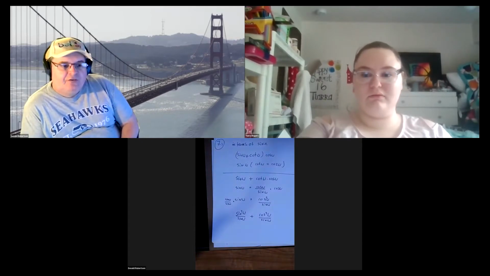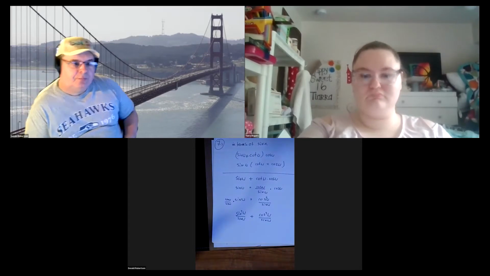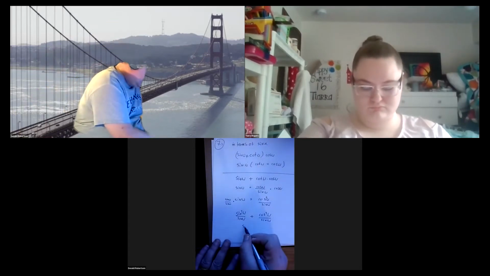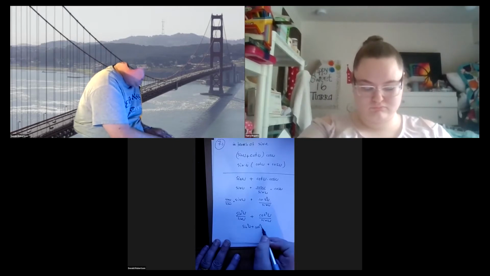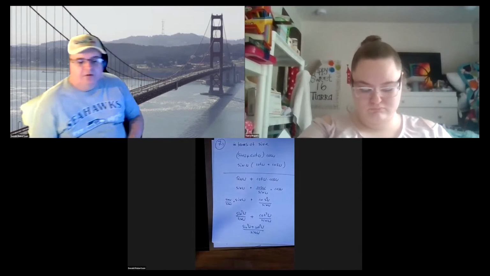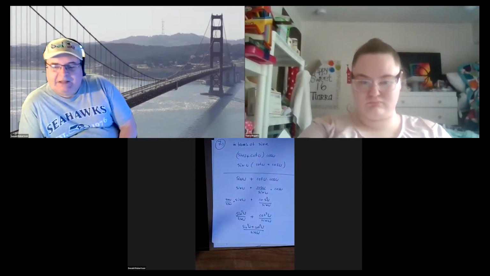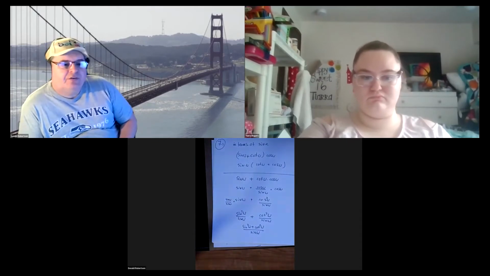Now, can you see that since they now share the common denominator, I can make one fraction out of them? I can now have sine squared u plus cos squared u over sine u. Is there anything in that top that can be simplified?